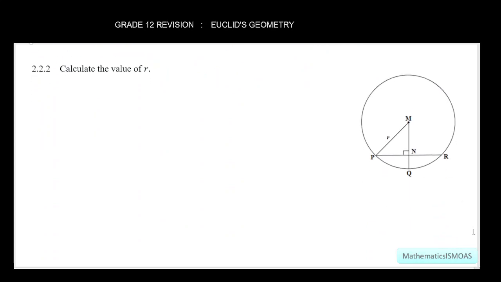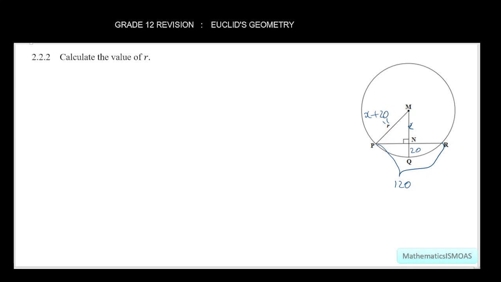Then 2.2. Remember, we are given here that MN is X, QN is 20 and PR is given as 120, and we have just calculated R. R is equal to X plus 20.